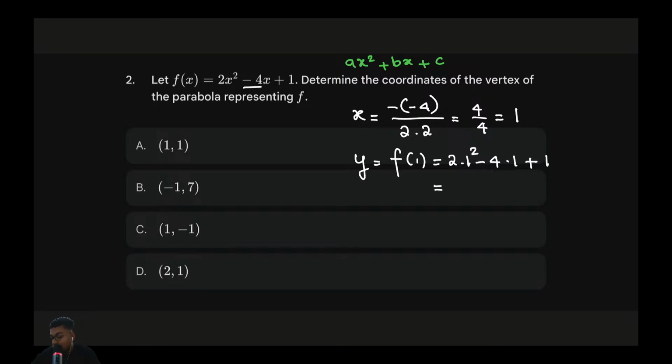So it should be what? 2 minus 4 equals negative 2. Negative 2 plus 1 equals negative 1. So f of 1 equals negative 1. So the answer is C, the coordinates of the vertex. Okay, thank you.